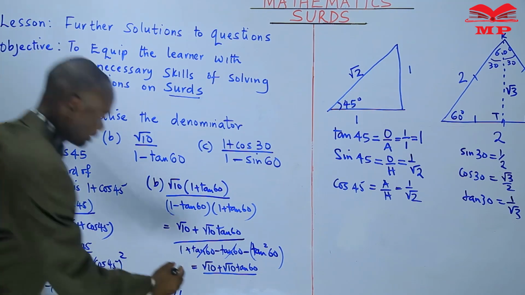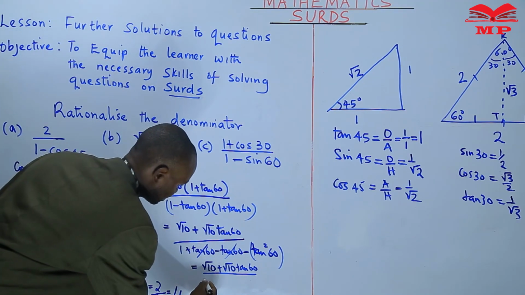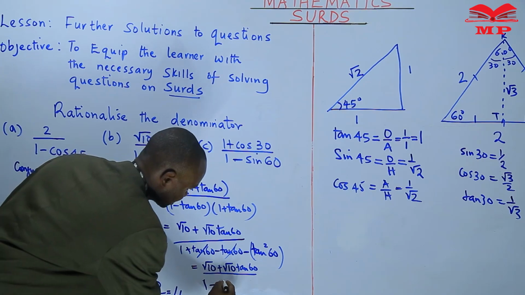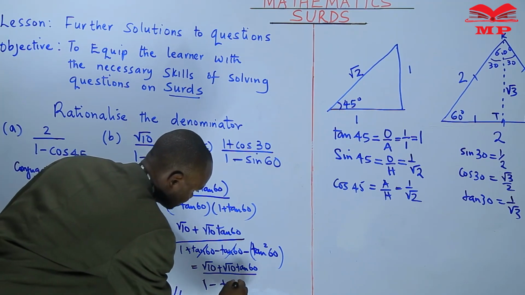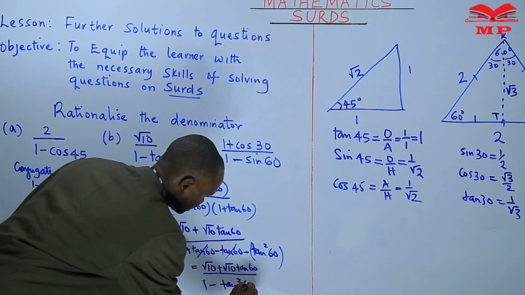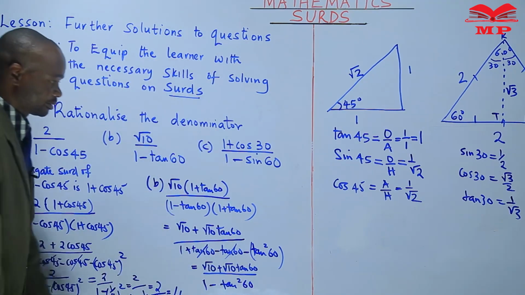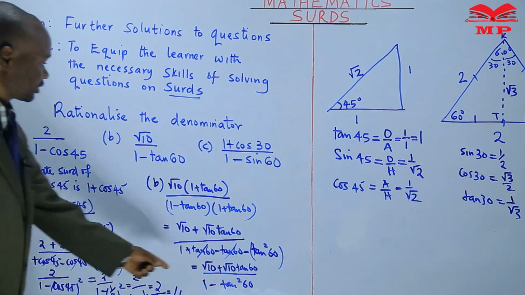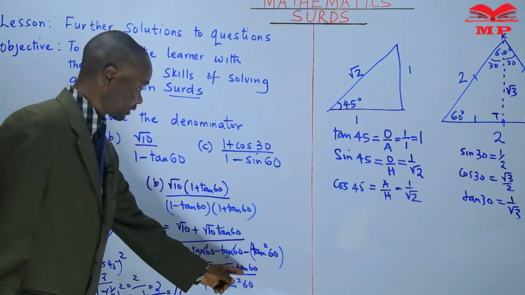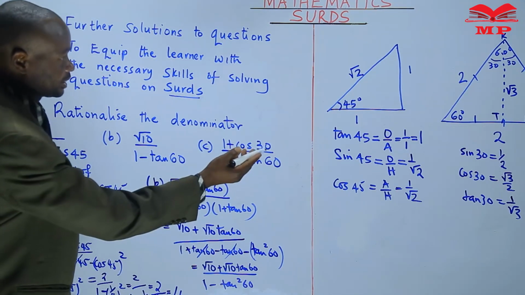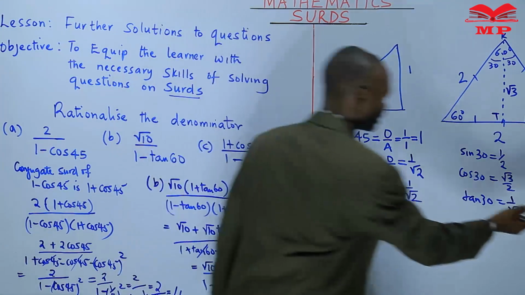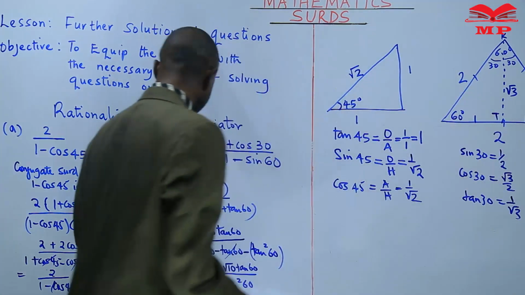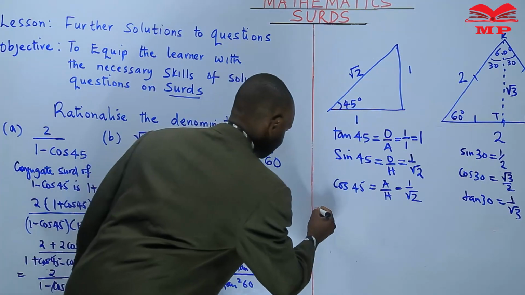And you remain with 1 minus tan squared 60. When I carry that way, I can now substitute tan 60. I know it's there, isn't it? Tan 60 is what? Square root of 3.